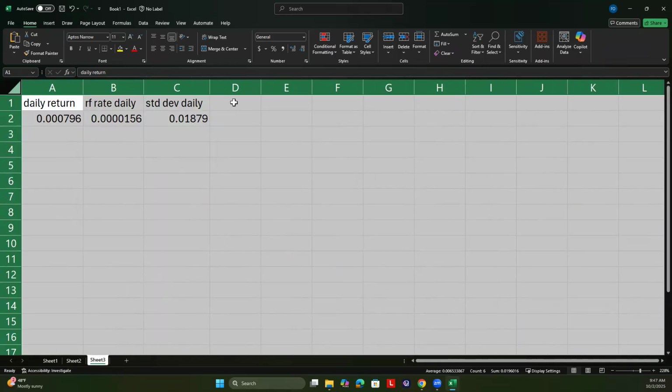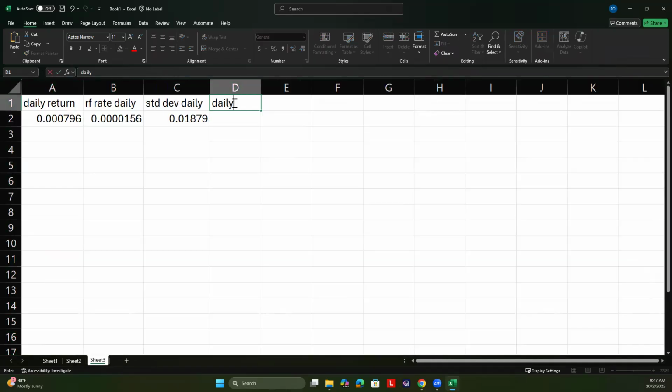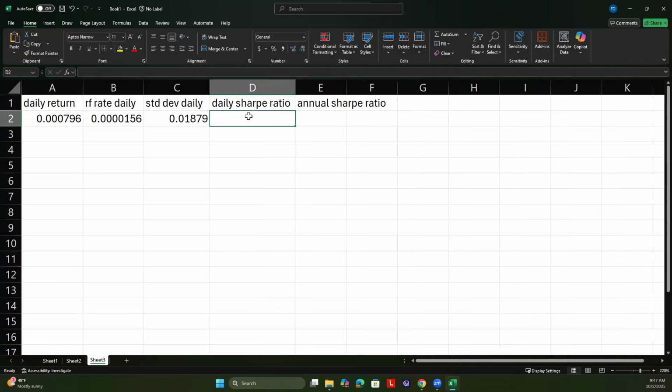So let's first calculate the daily Sharpe ratio and then calculate annual Sharpe ratio. Okay. So daily Sharpe ratio is nothing more than, in parentheses, daily return minus daily risk-free rate divided by daily standard deviation.